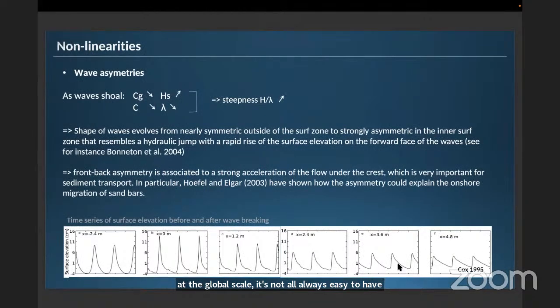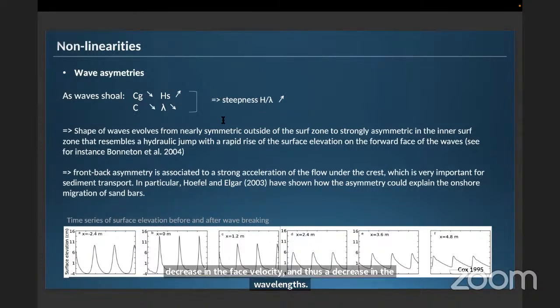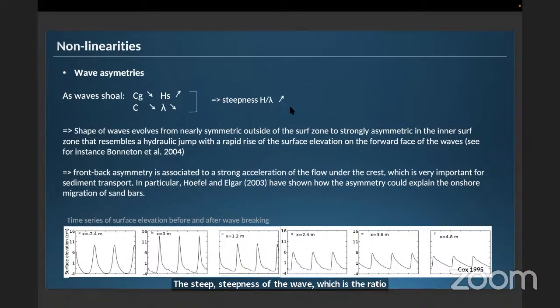Finally, we have nonlinearities, like wave asymmetries, typically in the nearshore. As waves shoal, as we have seen, we have a decrease in the group velocity, an increase in the wave height, but also a decrease in phase velocity and thus a decrease in the wavelength. And the steepness of the wave, which is the ratio between the wave height and the wavelength, does increase.